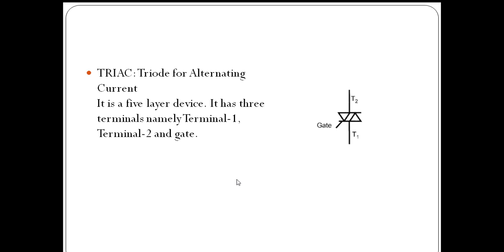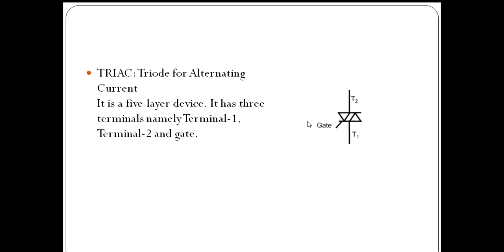Next one is the triac, triode for alternating current. It is a five-layer device with three terminals: terminal 1, terminal 2, and gate. It is almost like an SCR, but it will conduct in both directions, from terminal 1 to terminal 2 and terminal 2 to terminal 1, when the voltage is applied across the gate.